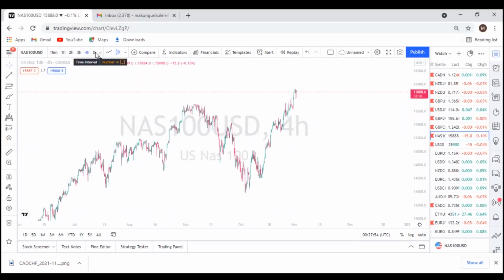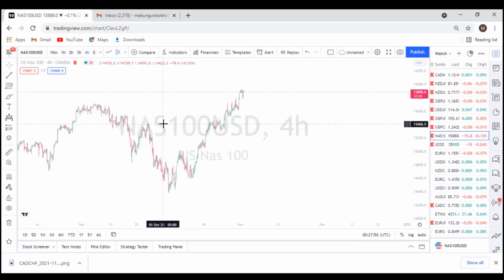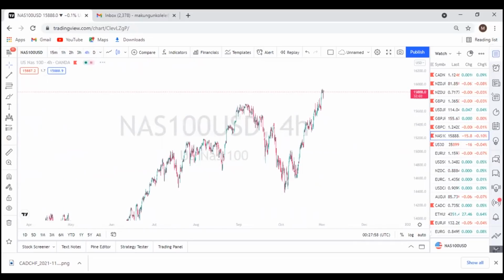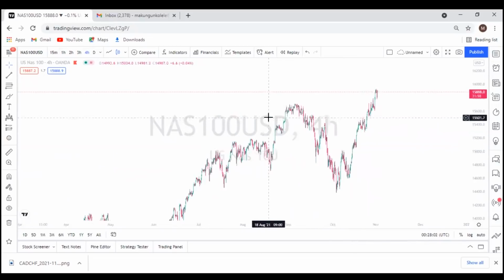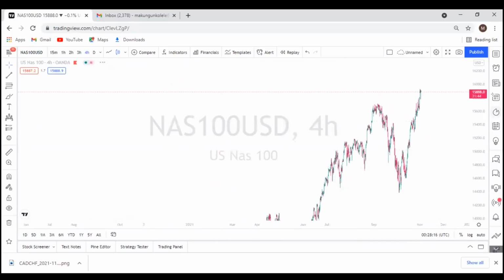So with Nasdaq, we don't need to go to the daily because structures with indices get so complicated that a structure that you see might be totally a trap to trick you guys.